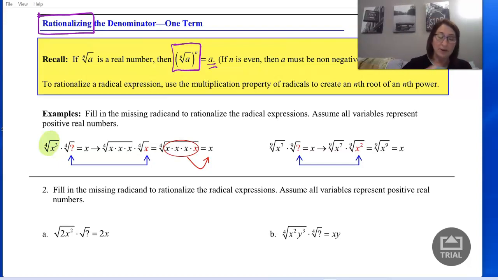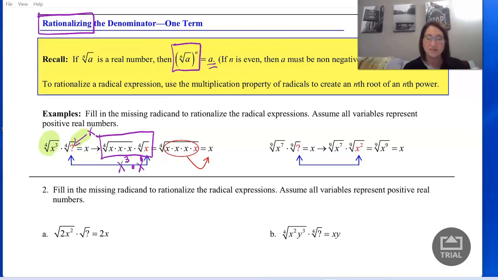So right here where this question mark is, that needs to be an x, because x cubed times x to the 1st is going to give me x to the 4th. So if I've got my exponent and my index matching, then I can just pull out my radicand. That's all we're doing.